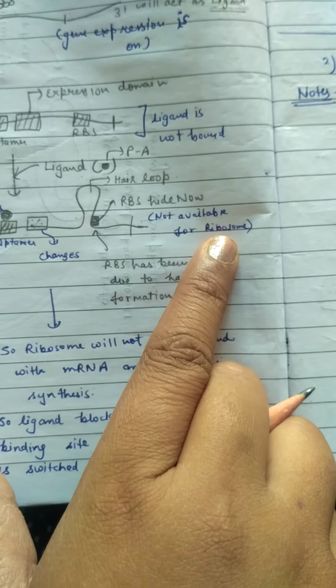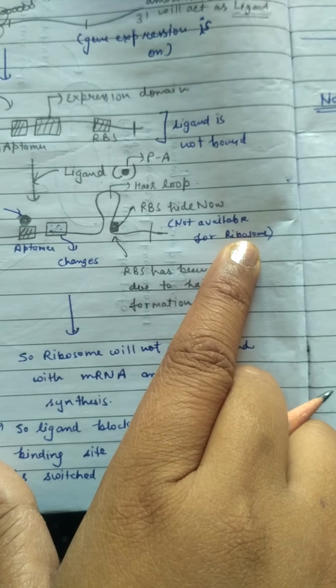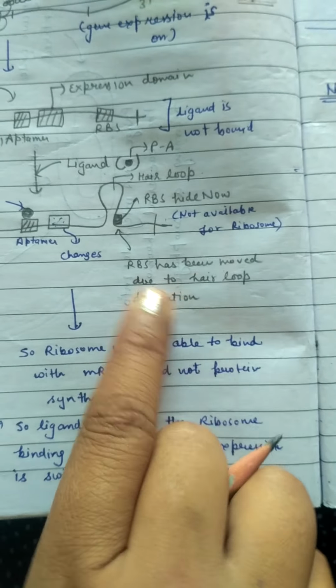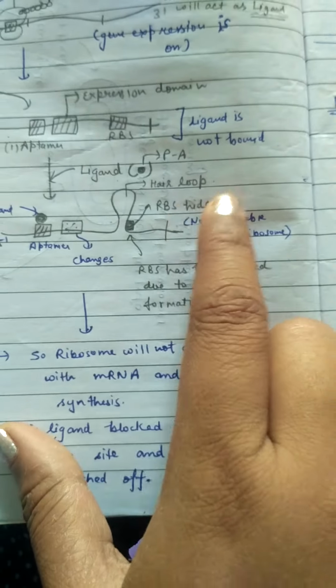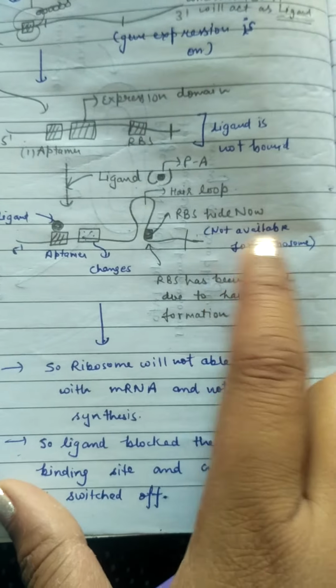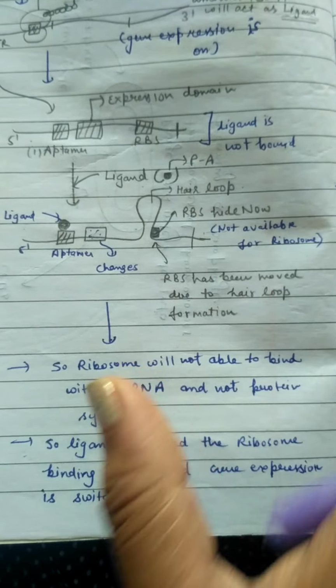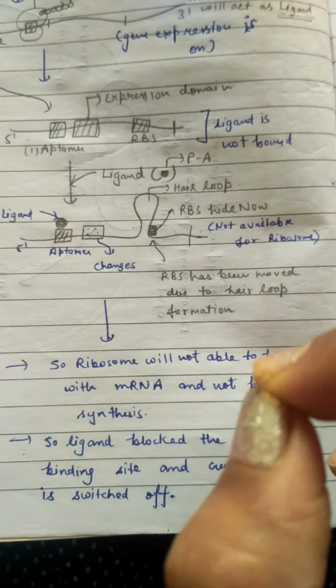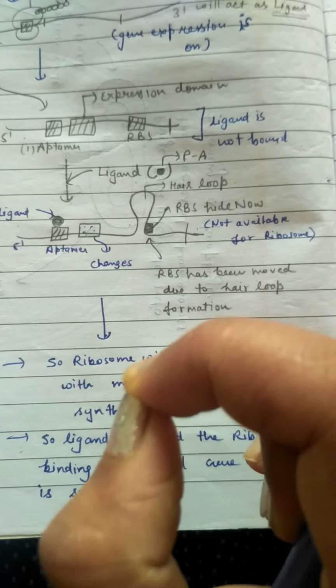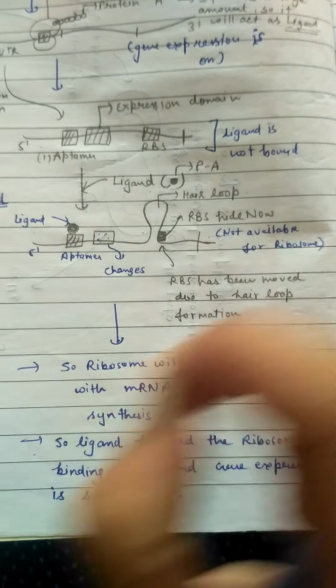This site is not available for the ribosome, so no ribosomal subunits bind here and no product will form. No Shine-Dalgarno sequence is available for any ribosomal subunit, so no protein A will form.